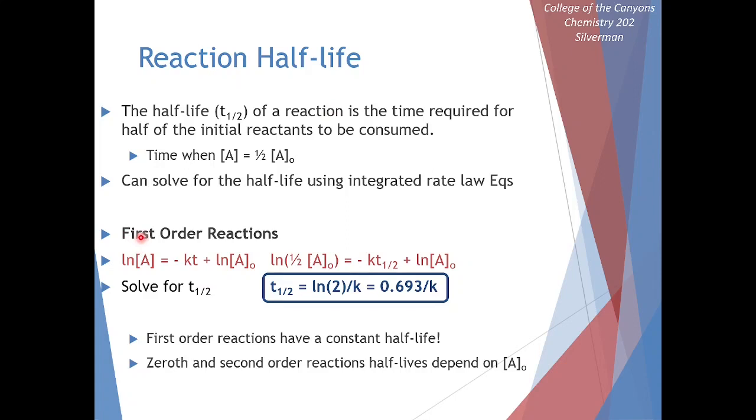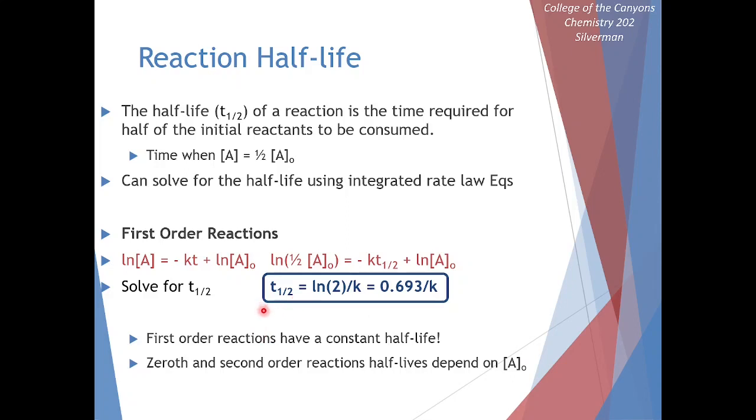The most interesting is when we have first order reactions. For first order reactions, we have this natural log equation: the natural log of A is equal to negative kt plus the natural log of A naught. If you replace our concentration of A with 1/2 A naught, we get this new expression. Solving for the time, solving for the half-life, interestingly allows the initial concentration to drop out of the equation.